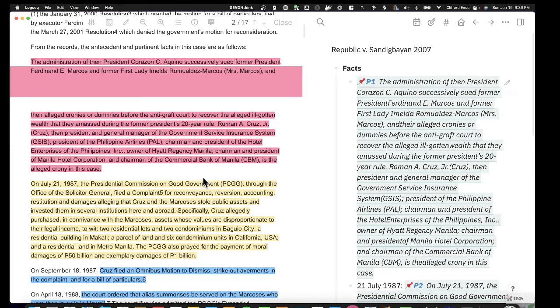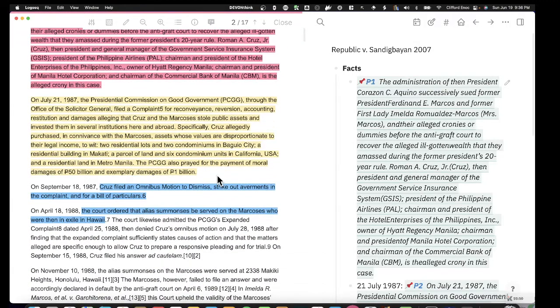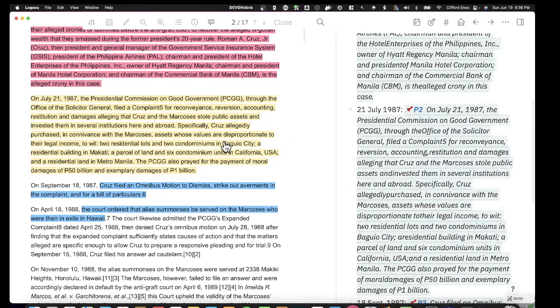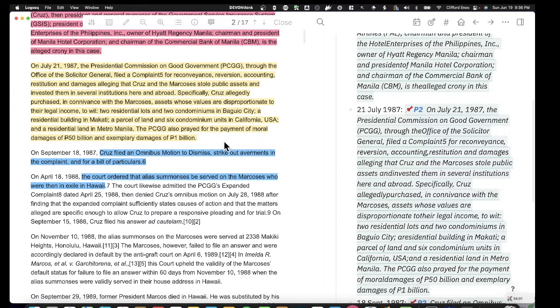Yung president po siya sa PAL and then chairman and president of the Hotel Enterprises of the Philippines. He is the alleged crony in this case. Very interesting.